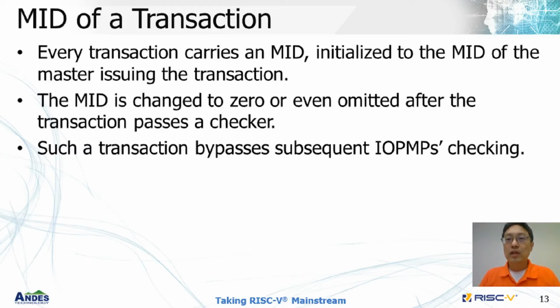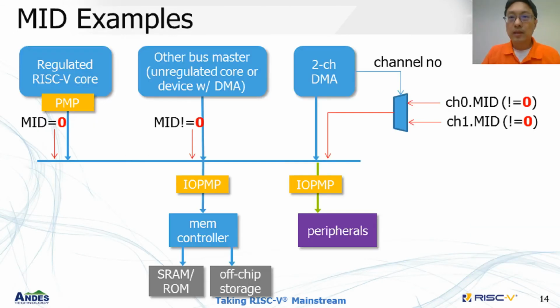The MID of a transaction could be modified to 0 by an IOPMP or even be removed. A transaction carrying a 0 MID or no MID means checked and legal. IOPMP will skip such a transaction without checking again.